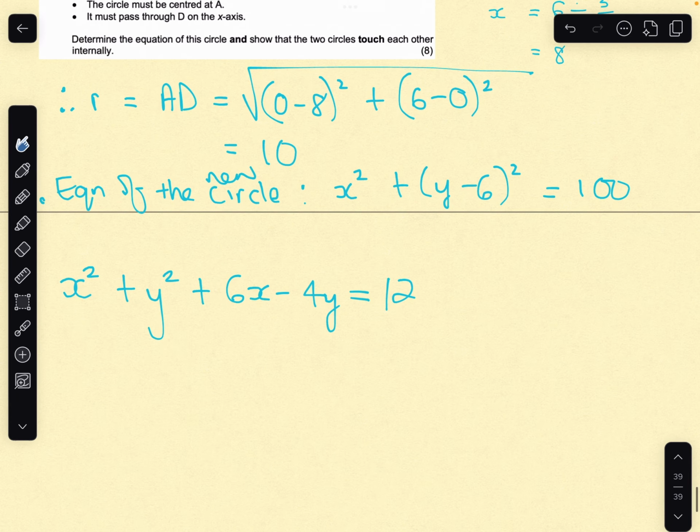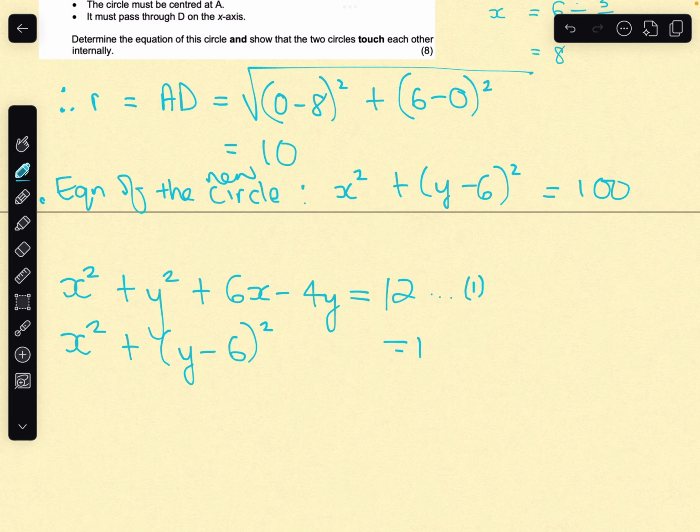Okay, so that's my first equation. And then my second equation is x squared plus (y minus 6) squared is equal to 100.